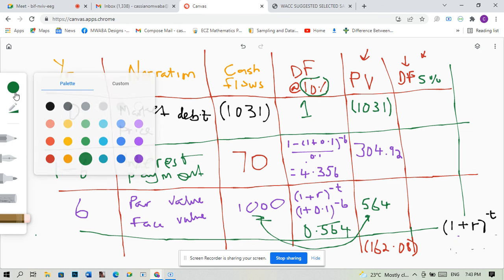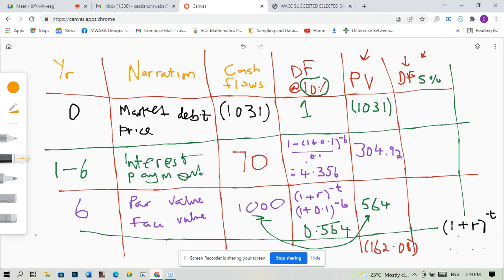In this case, our r is 0.05, because 5% divided by 100 gives 0.05. So we say 1 plus 0.05 to the power negative 0.